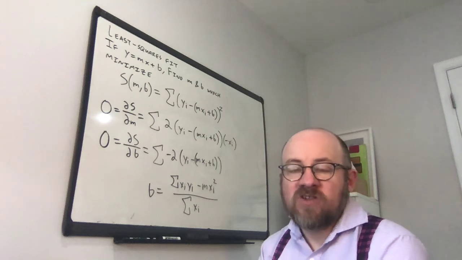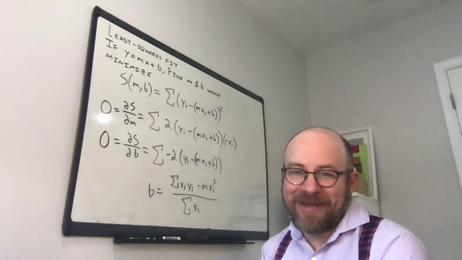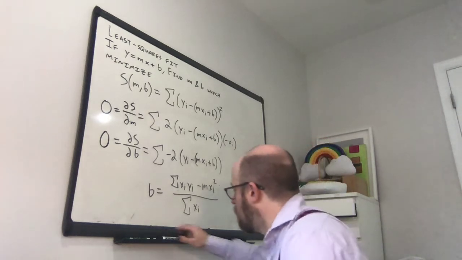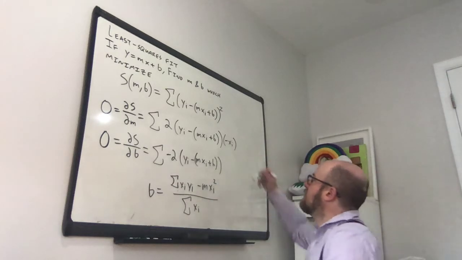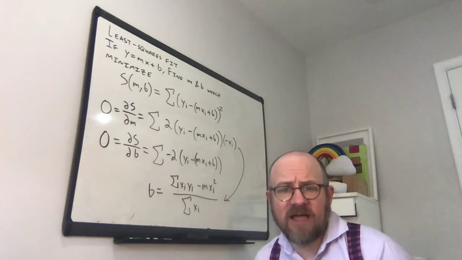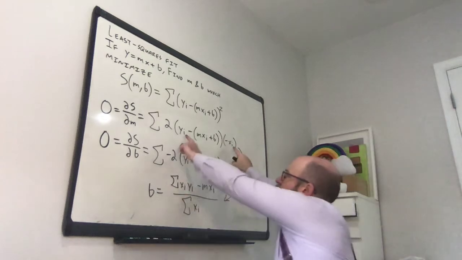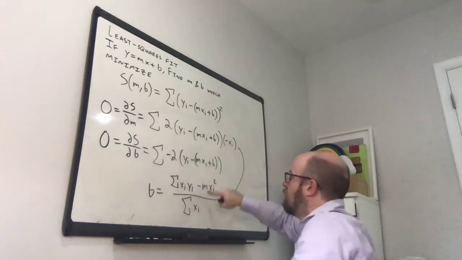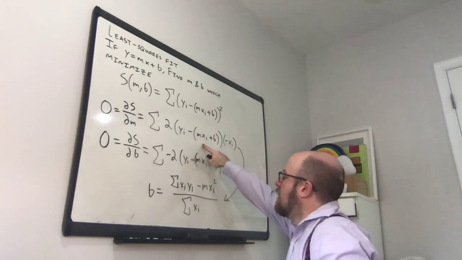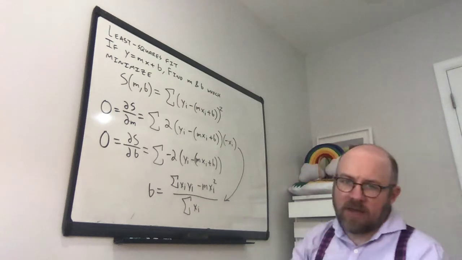Okay? So now that these are each equal to 0, we're going to solve for b and m. And I'm not going to go through all the details. I am going to show you. So if you take this first equation and solve for b, you get what I've got down here at the bottom: the sum of xi times yi, that comes from this piece here, minus the sum of m xi squared, that comes from this times this, and then divided by the sum of xi, and that gets you b.